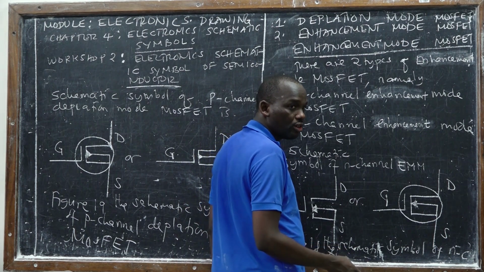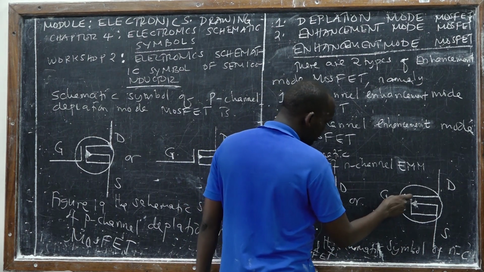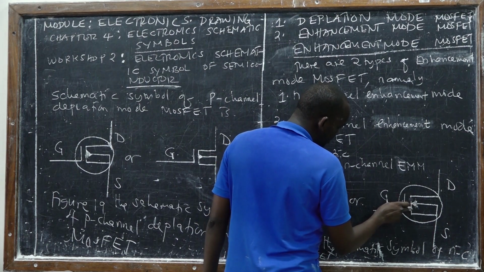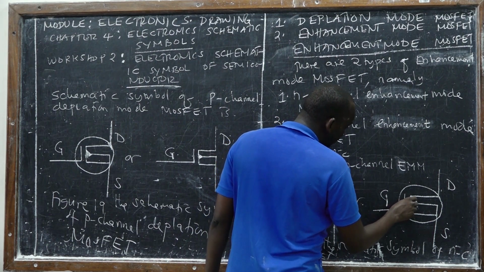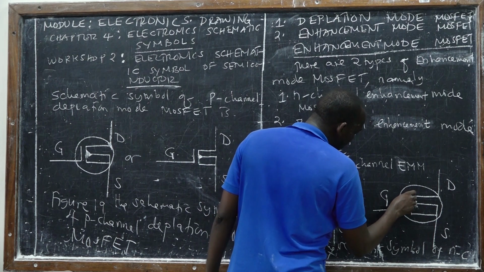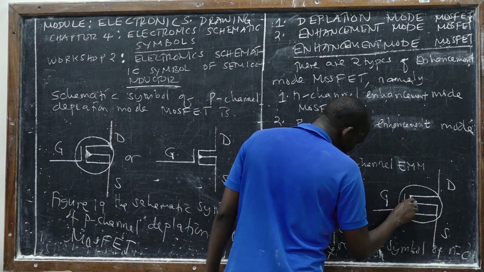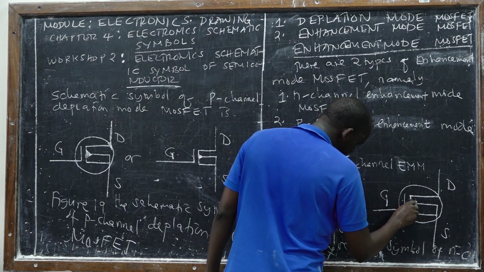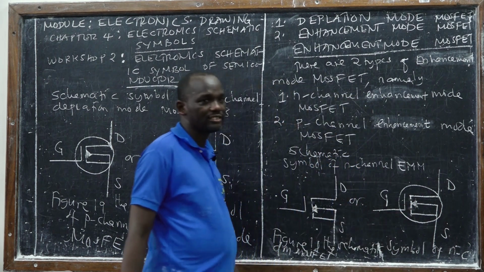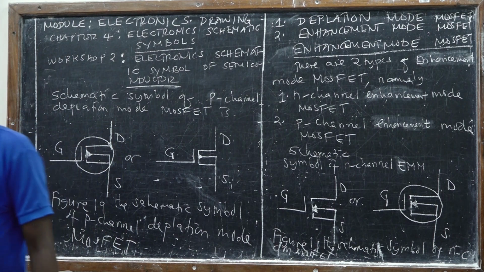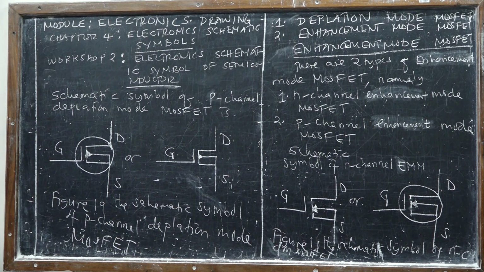That one is a junction field effect transistor, JFET. So do you see? That is the schematic symbol for the N channel enhancement MOSFET.